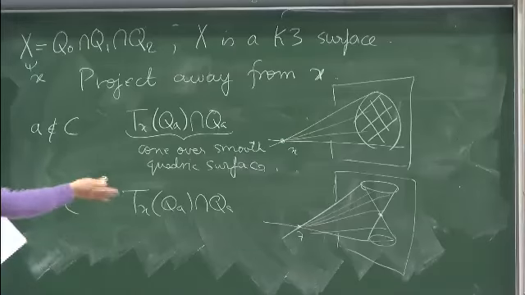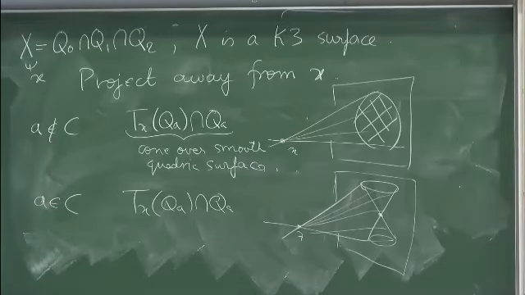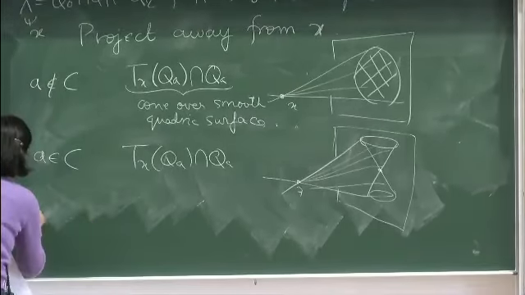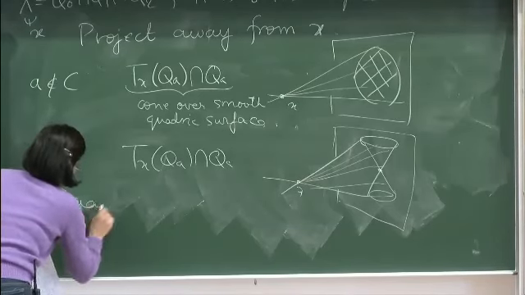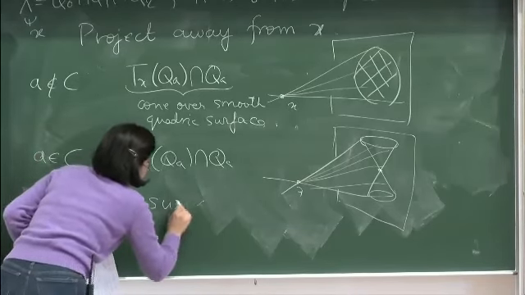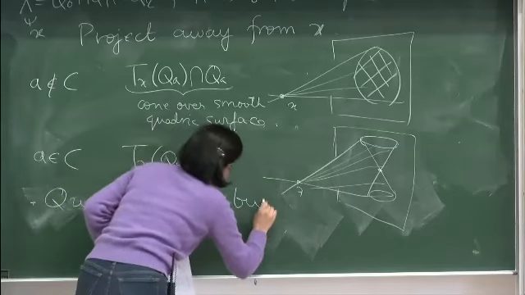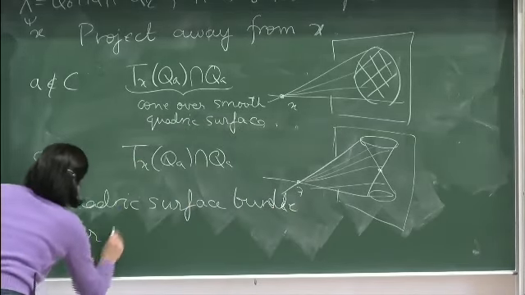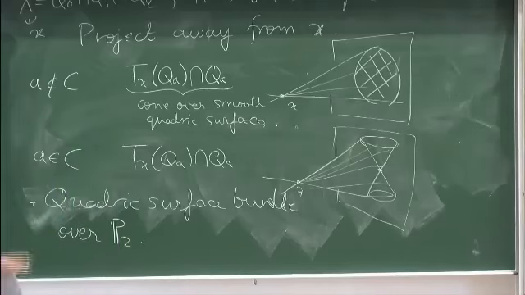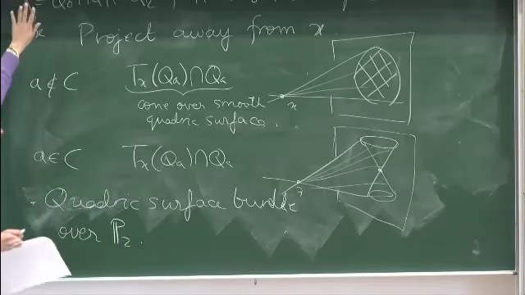So again, by projecting away from x, you get a family of quadric surfaces. So you get a quadric surface bundle over P2. This depends on your choice of point x in X.